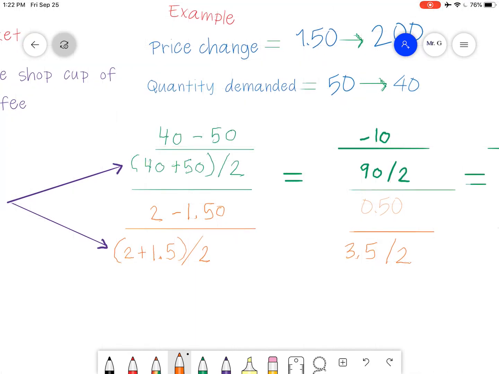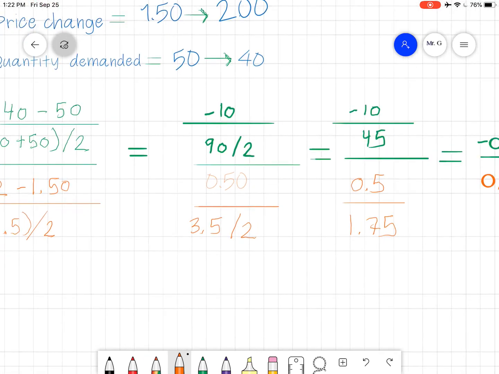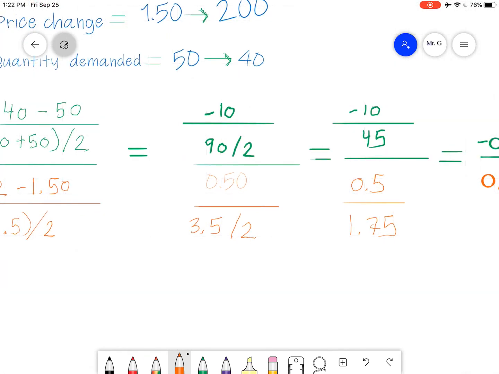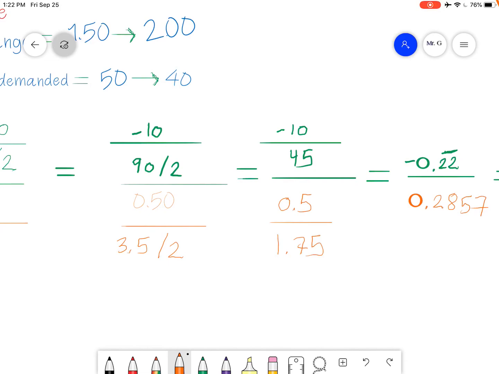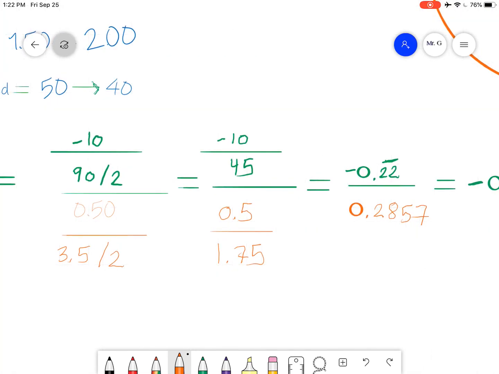And then at the bottom, we're dealing with the price. So now we're doing 2 minus $1.50. And then we're just figuring out the average at the bottom. 2 plus $1.50 divided by 2 again. And so we got 0.50 divided by 3.5 divided by 2. Okay, now we just got to keep solving for it. And you can see 90 divided by 2 is 45. 3.5 divided by 2 is 1.75.